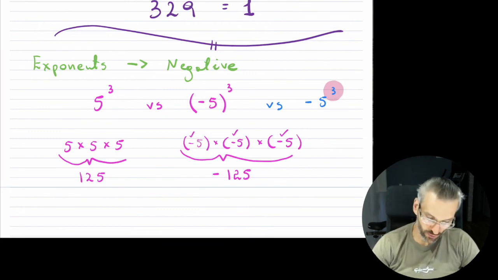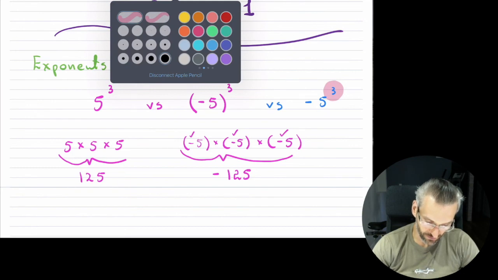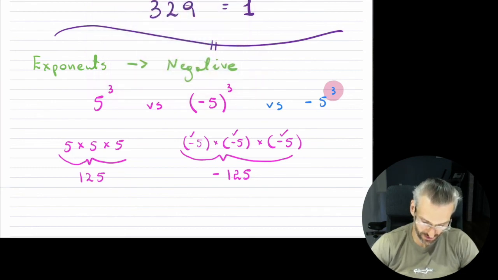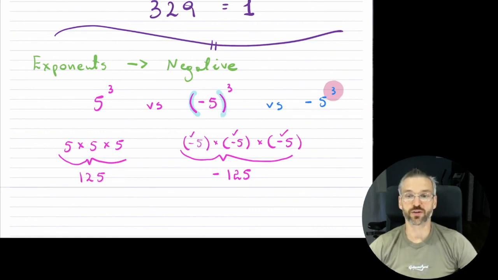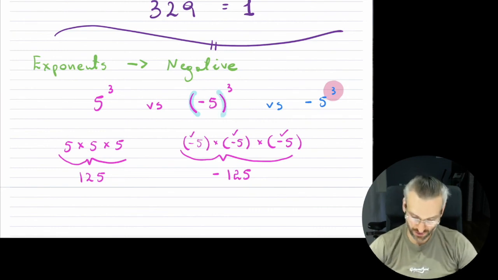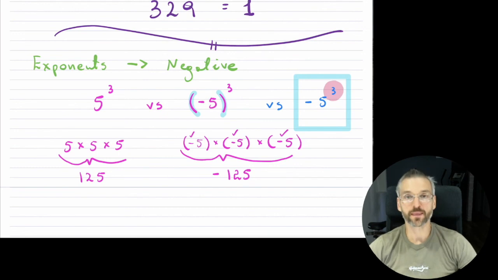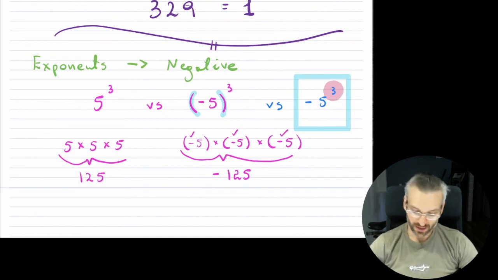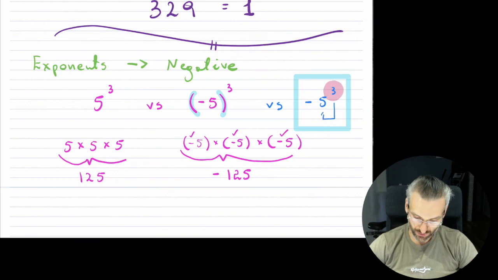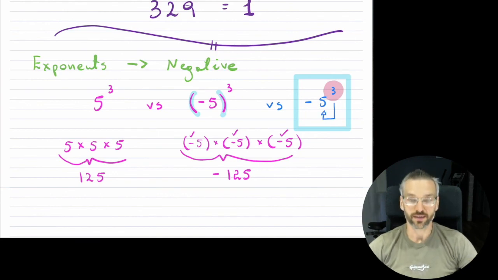When you do not put a negative bracket, as we did in this case, so on the negative 5 to the 3, this last one right here, I did not put any bracket whatsoever. So when that happens, this exponent 3 only applies to the 5 directly. And then the negative will just stay in front.